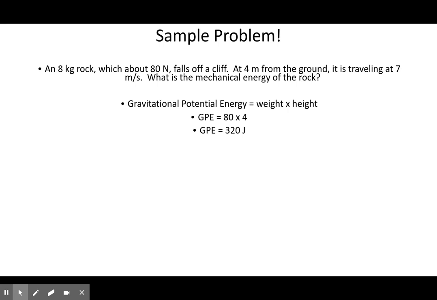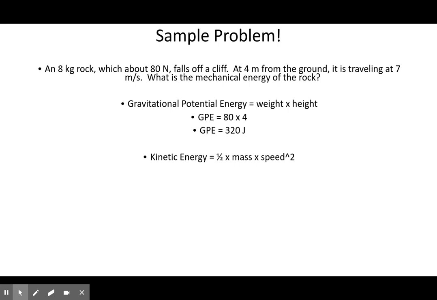Okay, now we have to find the kinetic energy. The kinetic energy is 1/2 times mass times speed squared. That little triangle-ish thing in between the speed and the 2, it's called a caret. That's one way of writing an exponent. So mass is always in grams or kilograms or something like that. So we're going to use the 8 in the problem, an 8-kilogram rock.